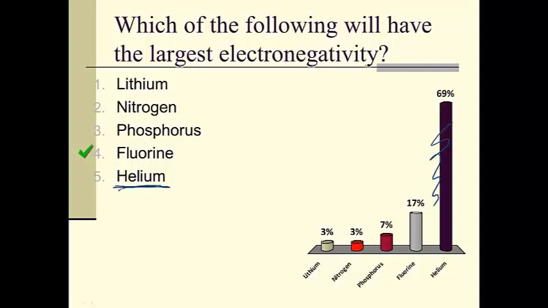Aren't we looking for the smallest atom? Yeah, it is smaller, but remember, electronegativity deals with bonding. How strongly will the atom pull on electrons when it bonds? Helium doesn't bond, so the one with the largest electronegativity is fluorine. Noble gases basically have no electronegativity.